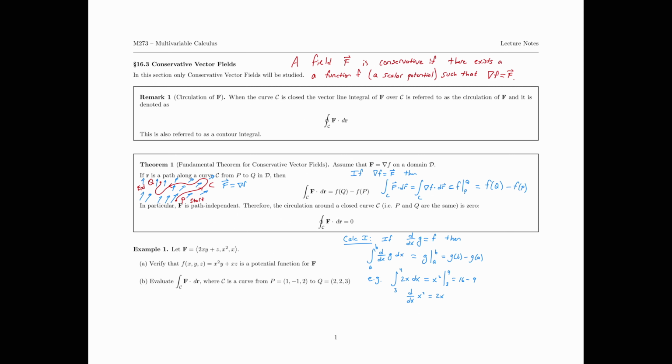So what's nice is the circulation around a closed curve is always 0 if your vector field's conservative. If your vector field's not conservative, that does not have to be true. So that's the big takeaway here.